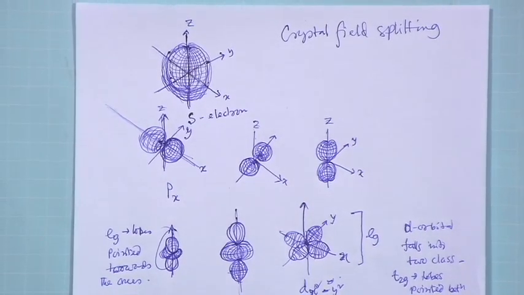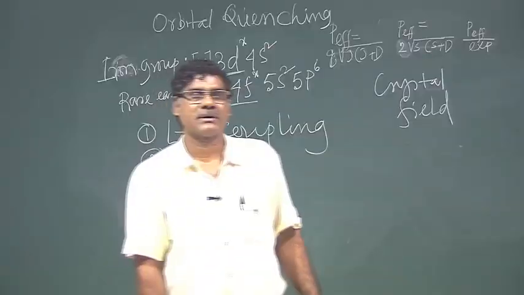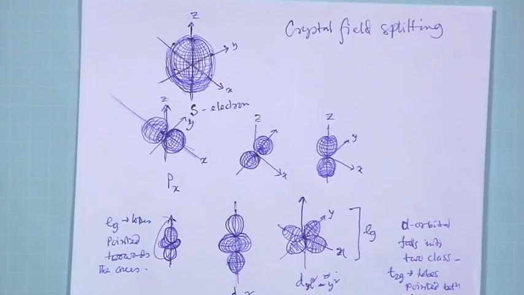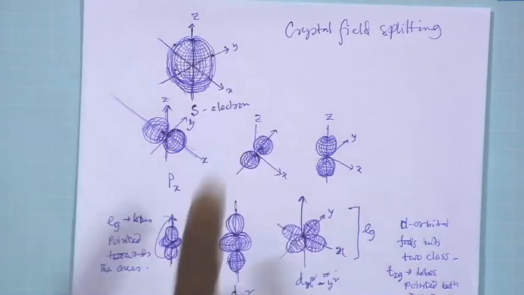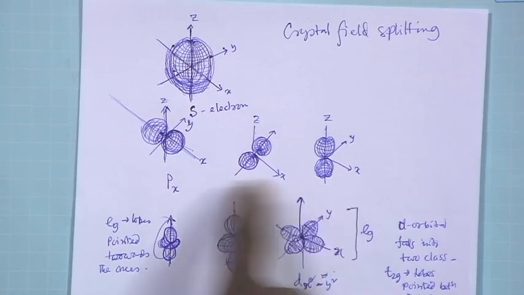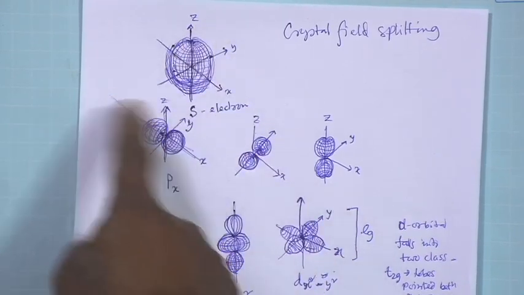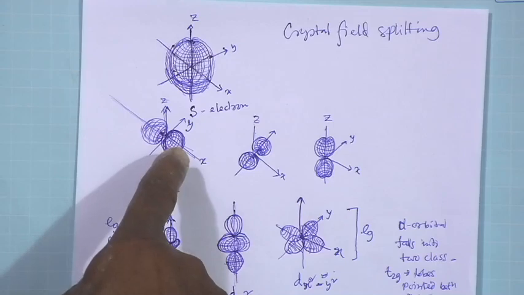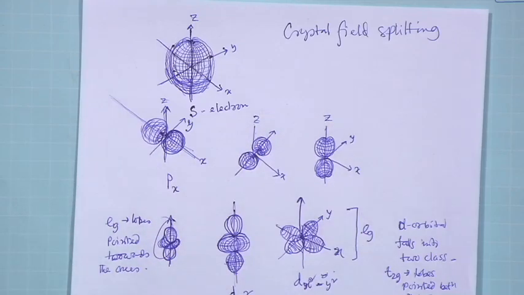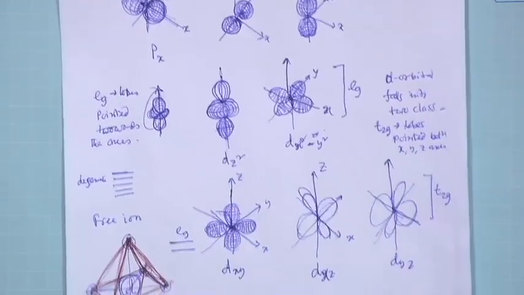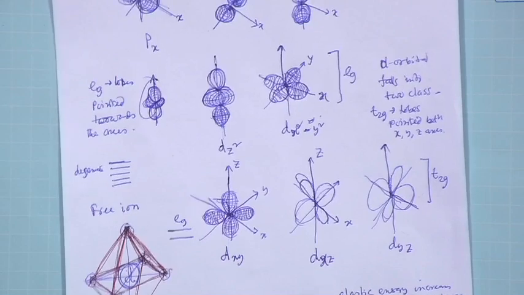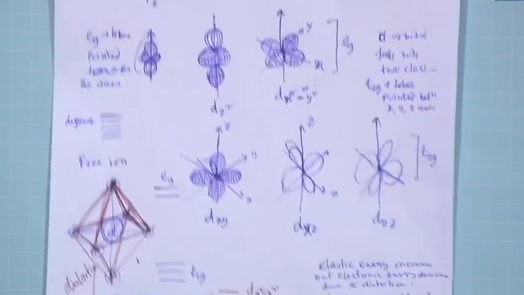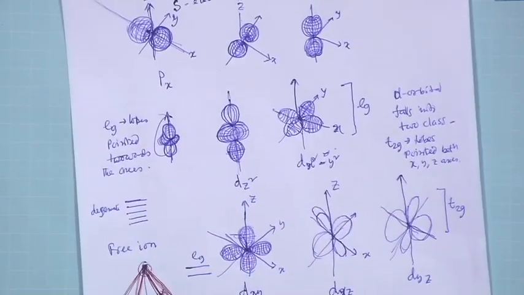It will take time to draw. So, for the s shell, and for px, py, pz, px has lobes along the x direction, this one along the y direction, this one along the z direction, right. Similarly, in case of d there are 5, yes there are 5.